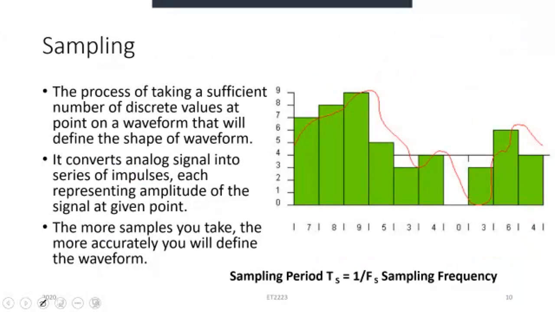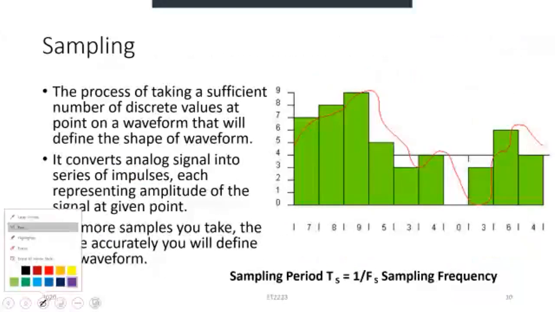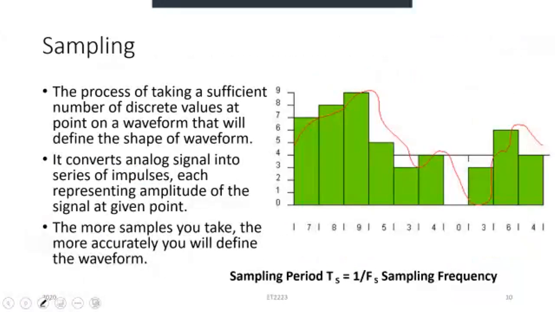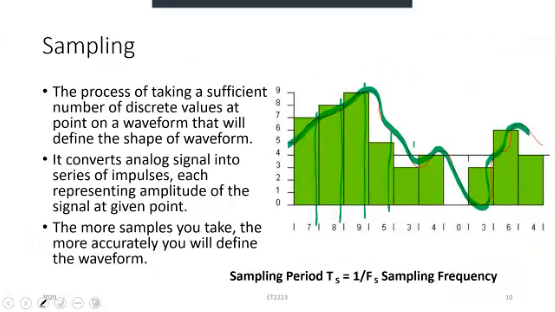So if we again look at sampling, for example, what we do is observe the analog signal. We have the analog signal and we observe it, and at each point in time, we find the sampled value for that analog signal.